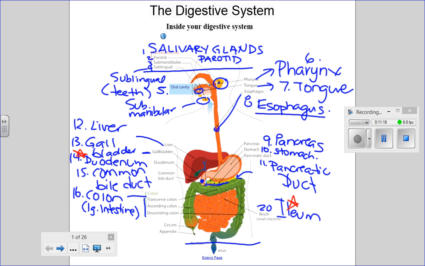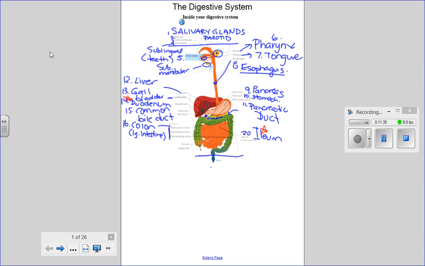So 17, 18, and 19, which are the next 3 points, are all part of your large intestine or part of your colon. So number 17, which is pointing to this middle part here, is your transverse colon. That makes sense. It's going across the width of the abdominal cavity.